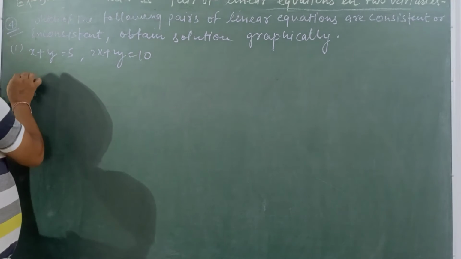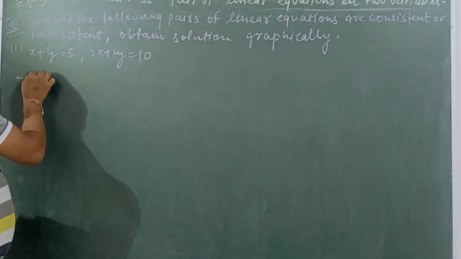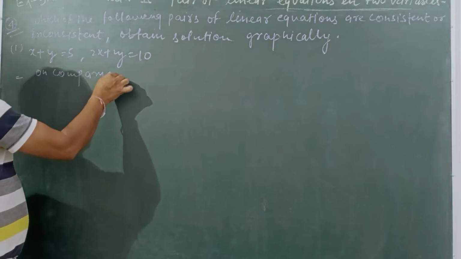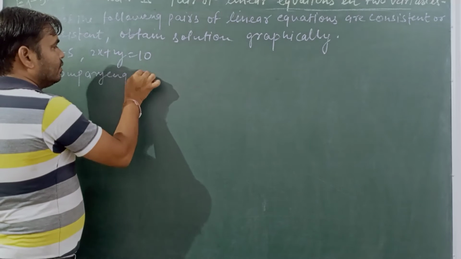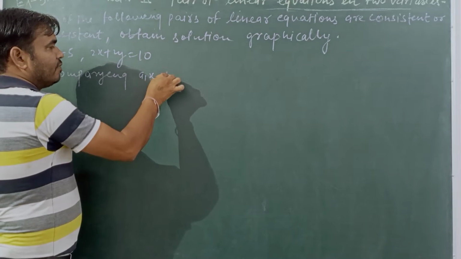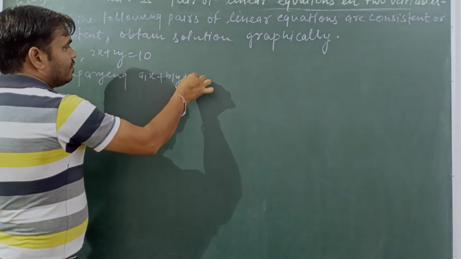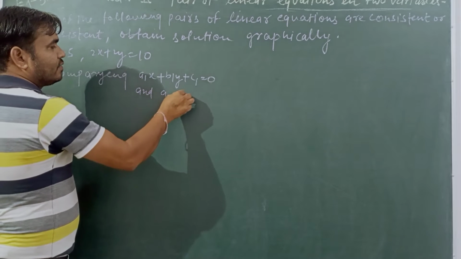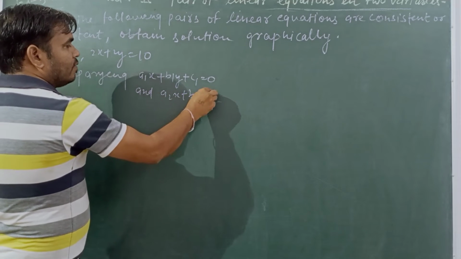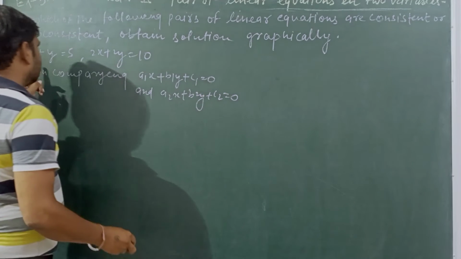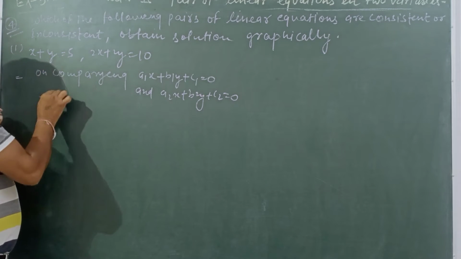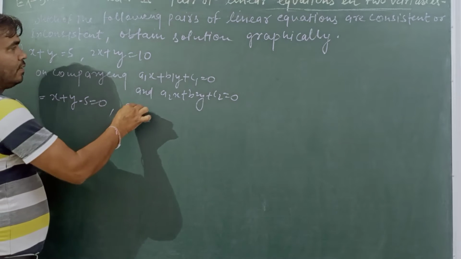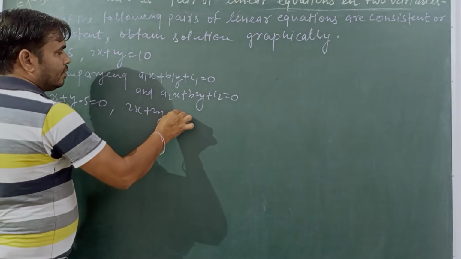So student, here is part 1. On comparing with a1x plus b1y plus c1 equal to 0 and a2x plus b2y plus c2 equal to 0, we can write both equations.